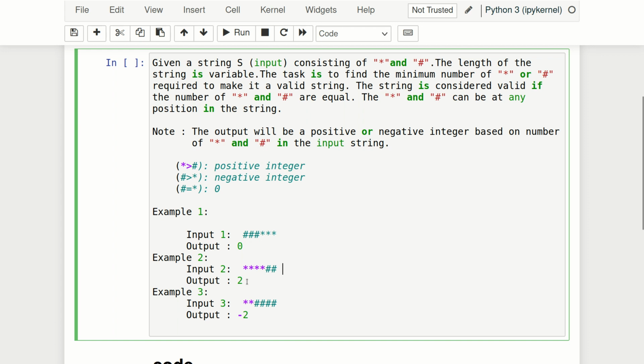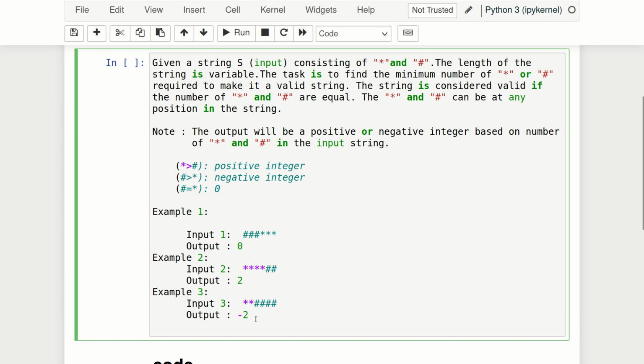So the output will be 2, because 2 more hash symbols are required, because at last we have to make it a valid string, and valid means the number of star and hash are equal. So for that we need 2 more hash. We just have to take the difference, number of star minus number of hash: 4 minus 2 is 2.